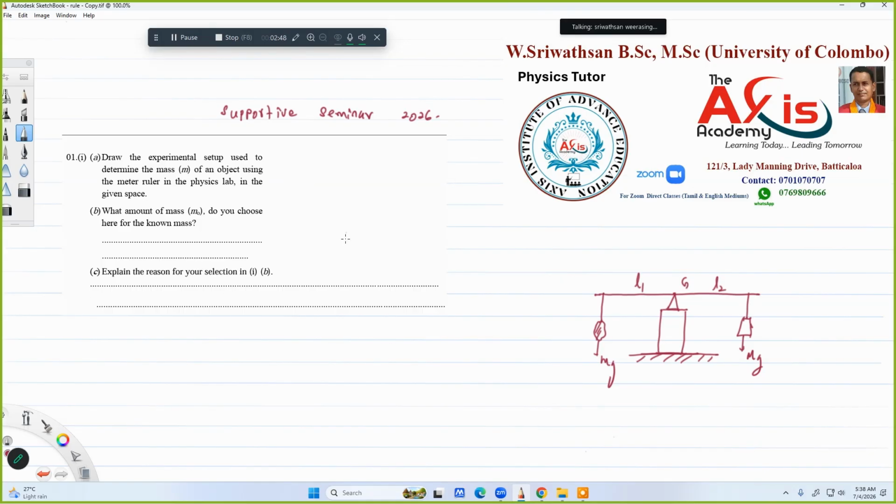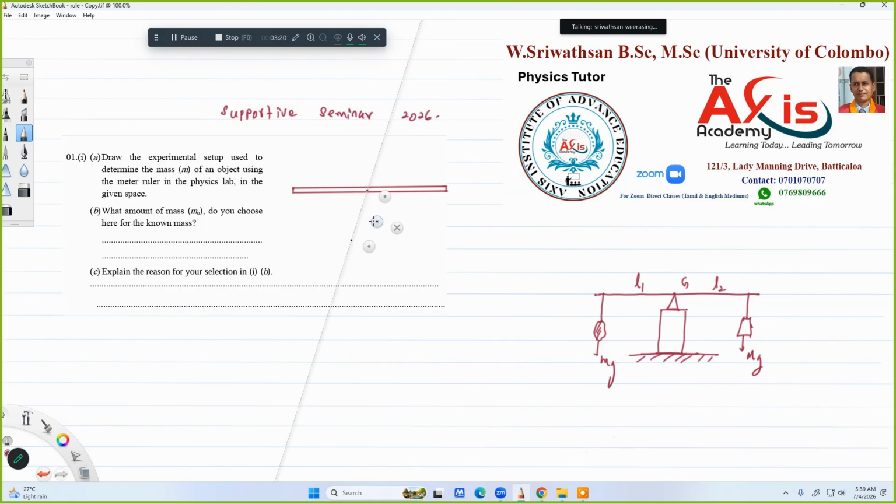So in this blank, we have to draw the experimental setup. Let's say the same. Your meter ruler, the knife edge.